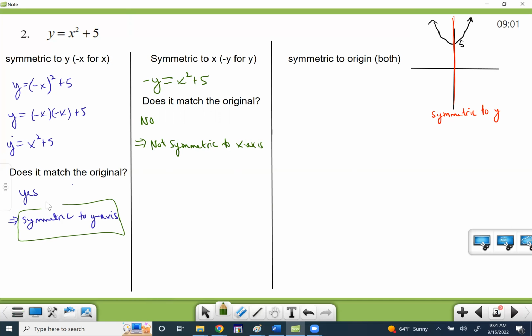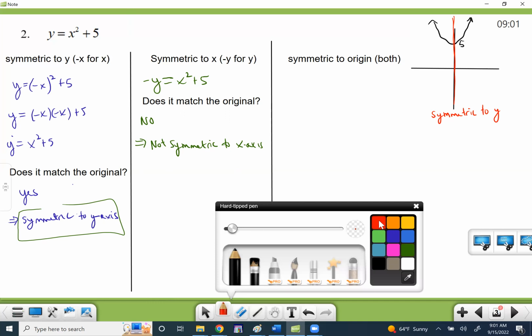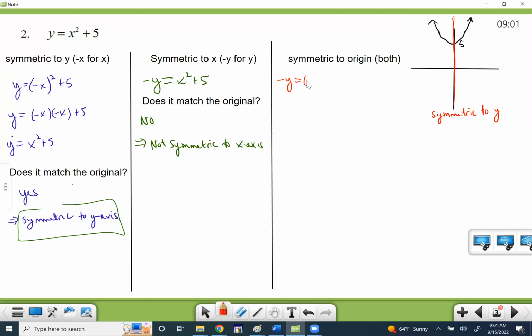Okay, now we'll try symmetric to the origin. So we're going to substitute a negative y for y, and a negative x for x. We're going to do both. So luckily for this one, you get to steal some previous work, right? We already squared that over here, and we just got x squared. Does this match the original?